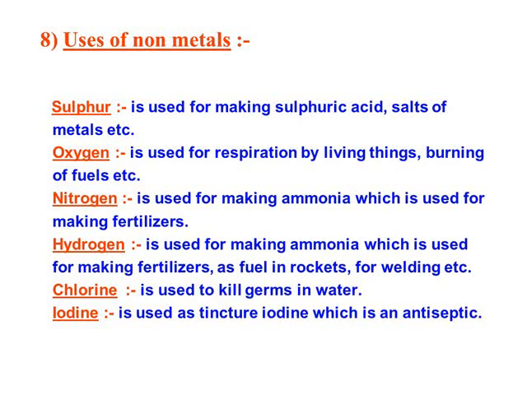Hydrogen is used for making ammonia, as fuel in rockets, for welding, etc. Chlorine is used to kill germs in water. Iodine is used as tincture of iodine, which is an antiseptic. So these are the various uses of non-metals.